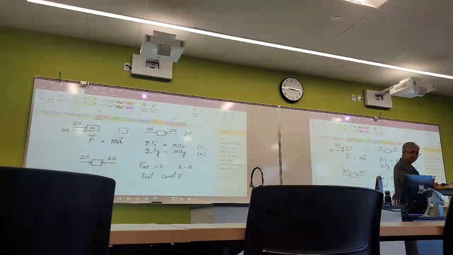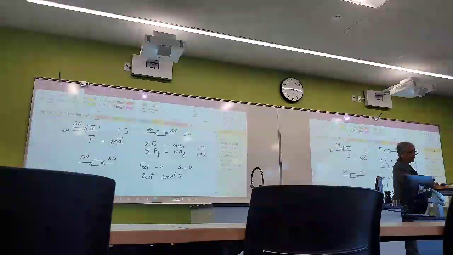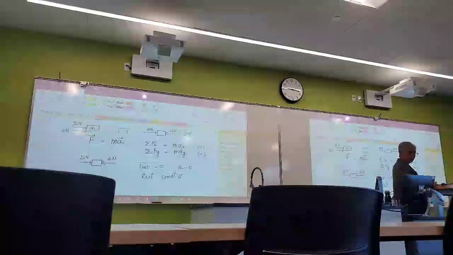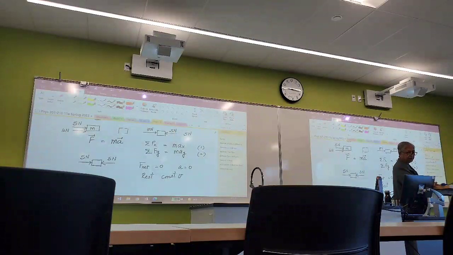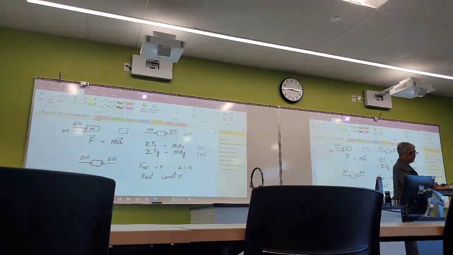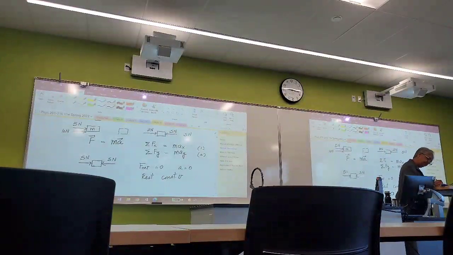Is this right? Since there's no acceleration, yeah. So when the net force is zero, it means the acceleration is zero, which means that the object is either at rest or moving with constant velocity, and this is called equilibrium.